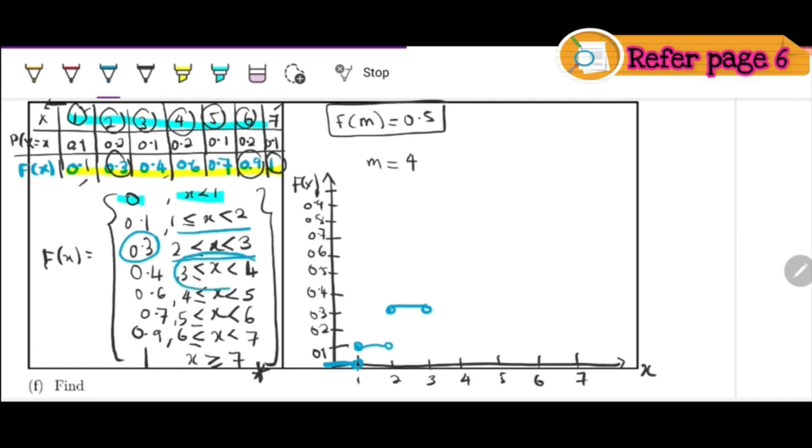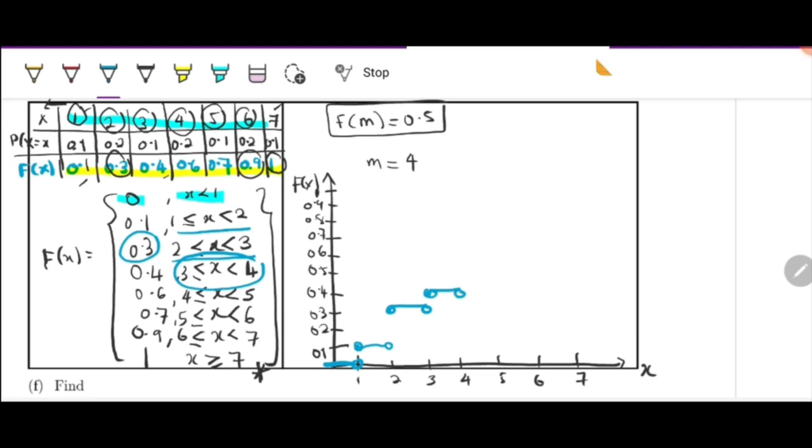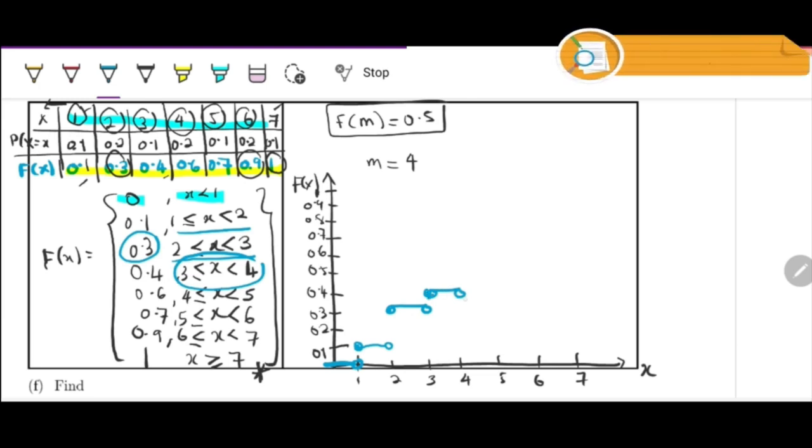On the interval 3 to 4, F(x) equals 0.4. Then a filled circle for 3 and an empty circle for 4. On the interval 4 to 5, F(x) is 0.6. Then a filled circle for 4 and an empty circle for 5.